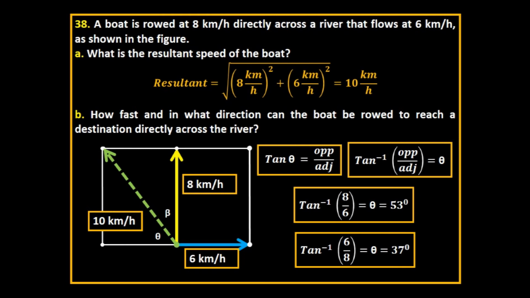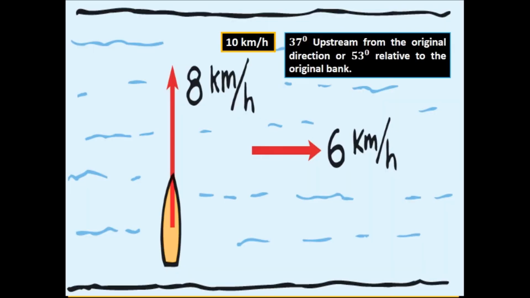Beta is the angle relative to the direction you want to end up going. So the answer is going to be 10 kilometers per hour at 37 degrees upstream from the original direction, or 53 degrees relative to the original bank. So the speed is the same, but the direction is different.